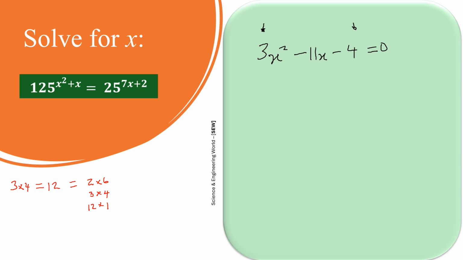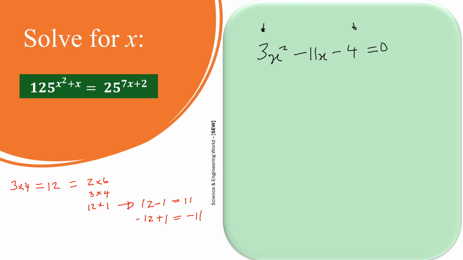If you look at this, for the first two, whether we add or subtract, we can never get 11. But look at the third one: 12 minus 1 gives us 11. However, what we are looking for is minus 11, so it's going to be minus 12 plus 1, which gives us minus 11.